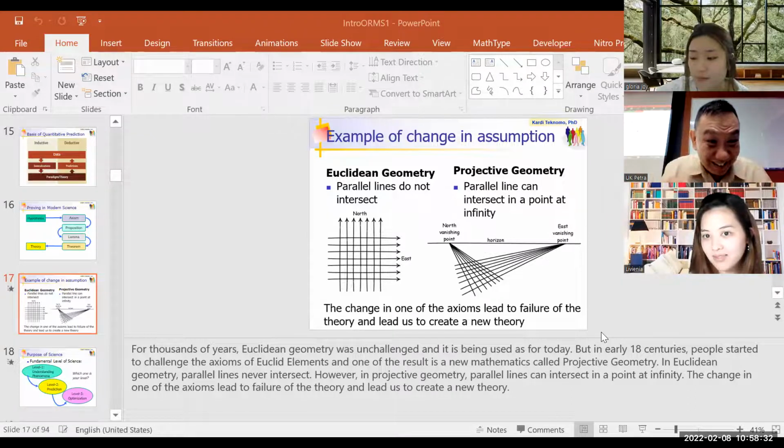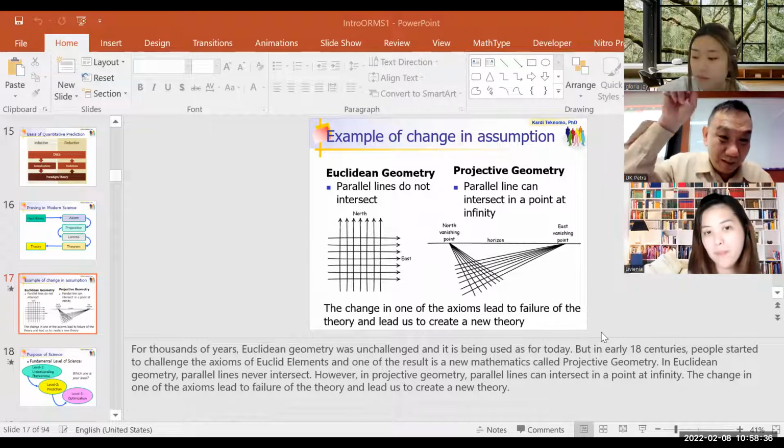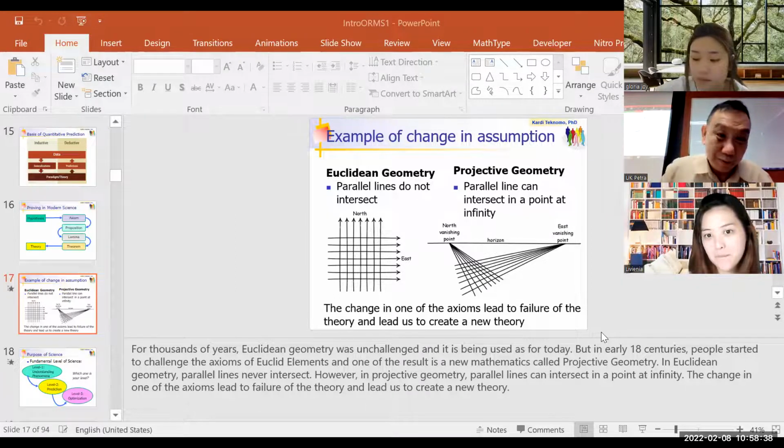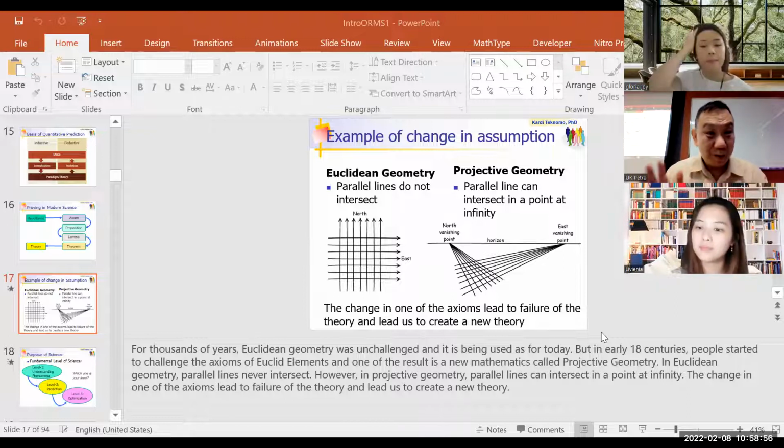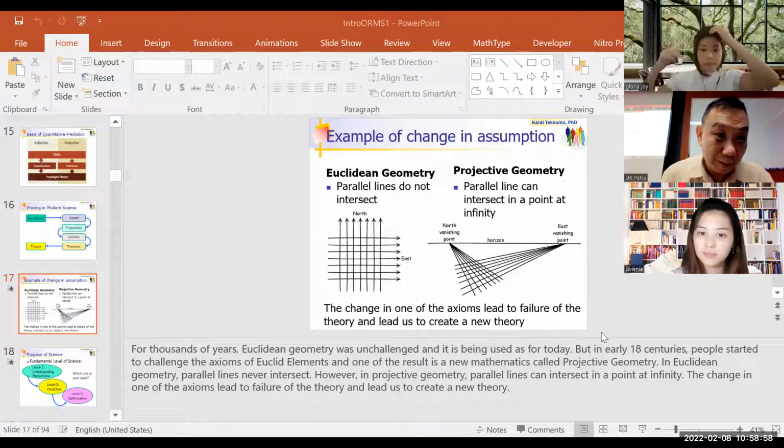When you draw perspective, you see the parallel lines actually intersect at the infinite point. So the whole assumption of Euclidean geometry is a failure. Then the mathematicians started to create a new theory, called projective geometry.